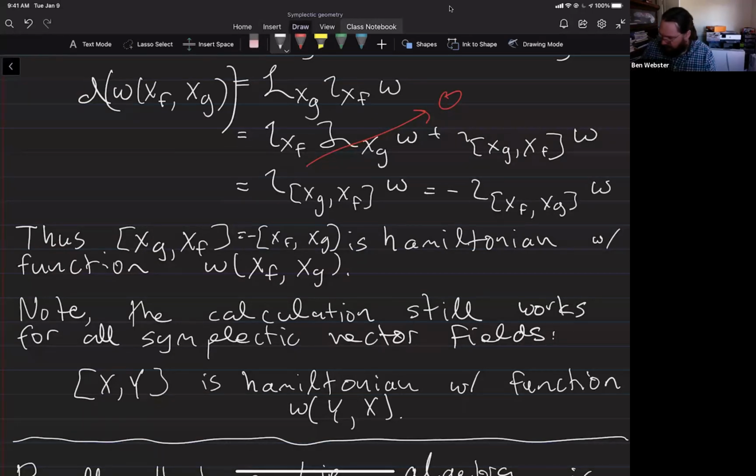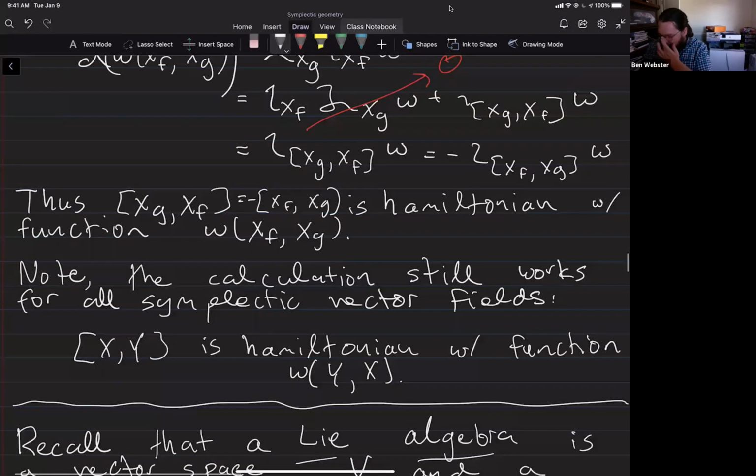Okay, great. And I'll just mention, I did this calculation with Hamiltonian vector fields, but actually it still applies to symplectic vector fields. If I have two symplectic vector fields, then their Lie bracket is Hamiltonian, and the function is gotten by putting the vector fields into the symplectic form, which again gives you a function.